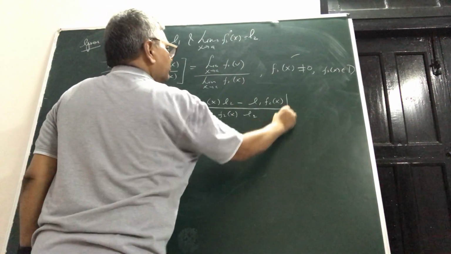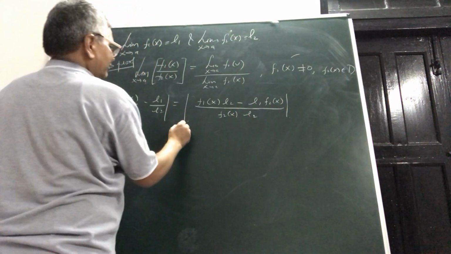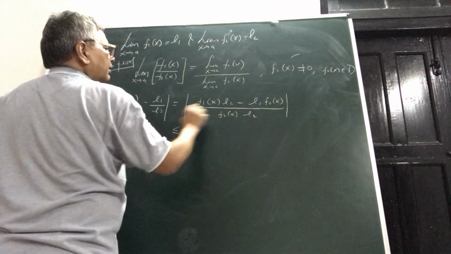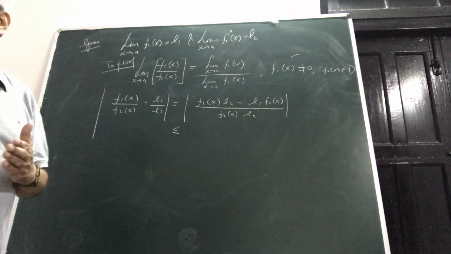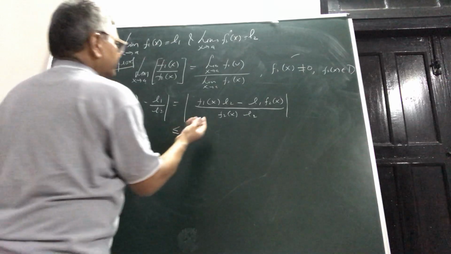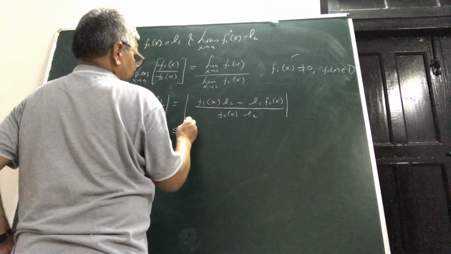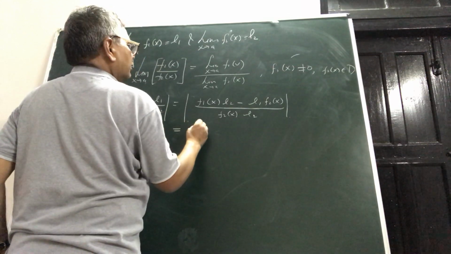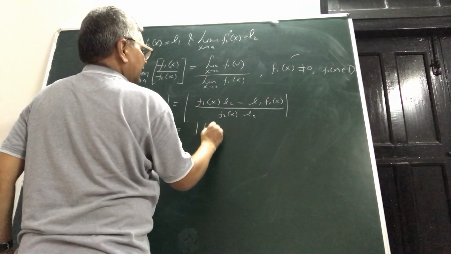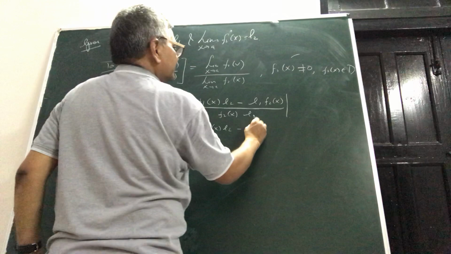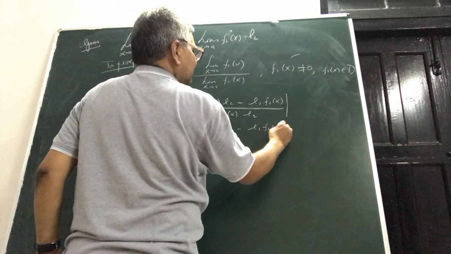Taking the modulus of this thing, mod z1 upon z2 is mod z1 upon mod z2, so this will be equal to mod of f1(x) L2 minus L1 f2(x), over mod f2(x) mod L2.